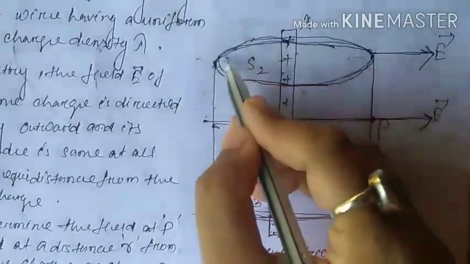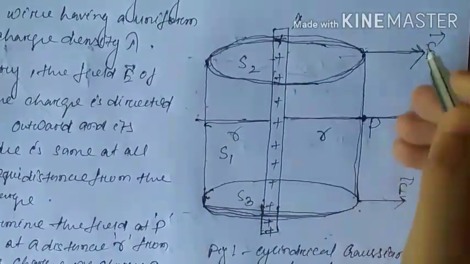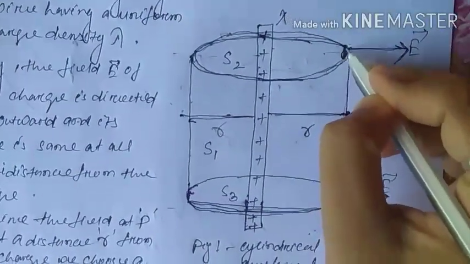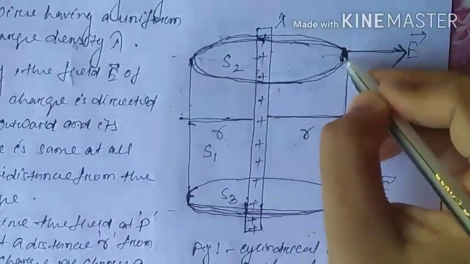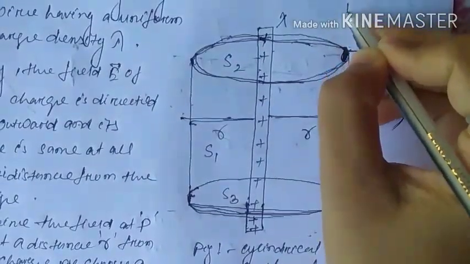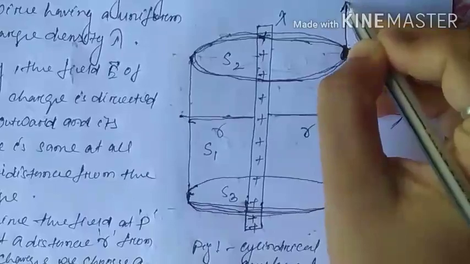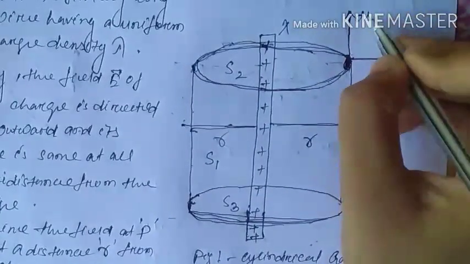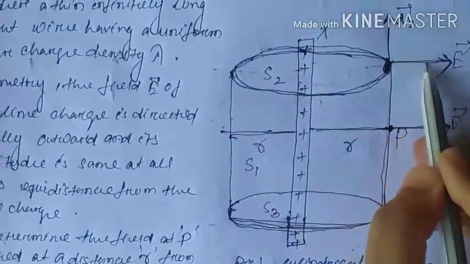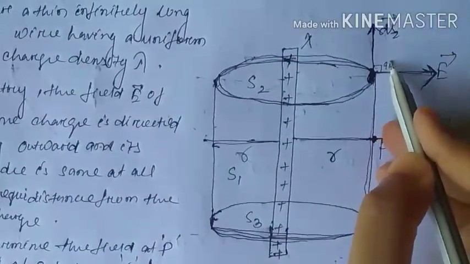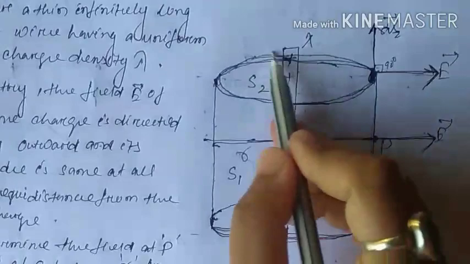But what about these two flat surfaces? Here the electric field is in this direction, and if we take the area vector, the direction of area vector is something like this, and you can observe the angle between the electric field and the area vector is equal to 90 degree for surface S2.